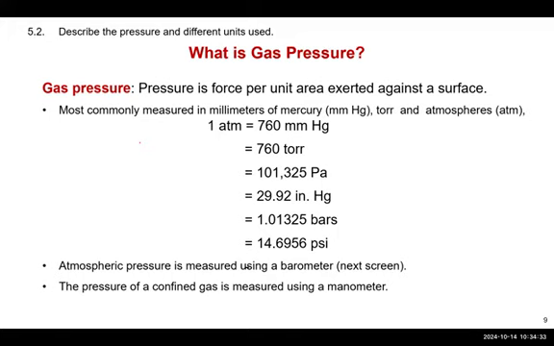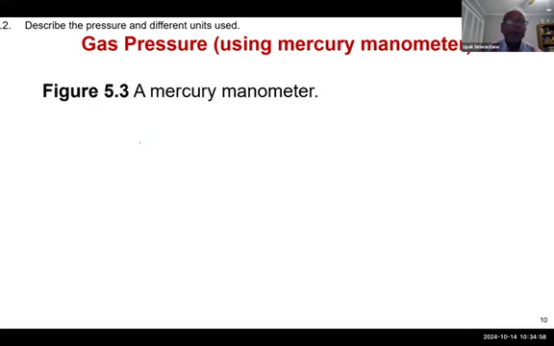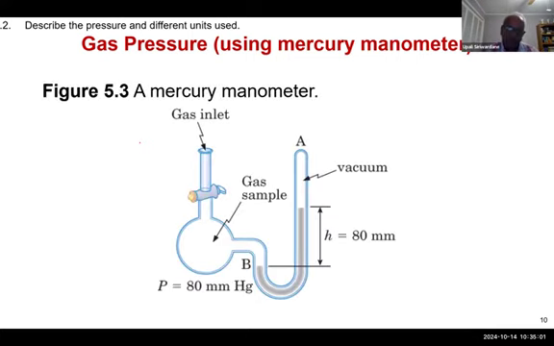A manometer is a device which we use to measure pressure. Barometer is the Torricellian one, the barometer we talked about in the previous slide. A manometer is a device with mercury attached to a gaseous sample to measure pressure.